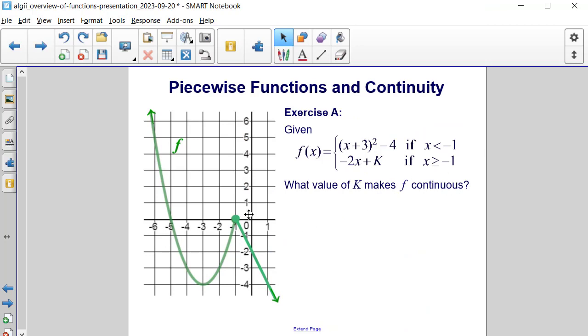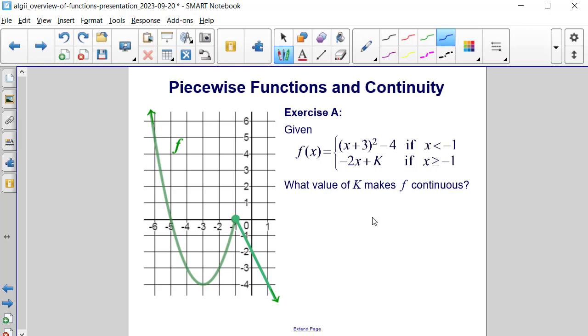We found out graphically that the k value that makes our function f continuous is -2. But how do we go about this algebraically? We actually do this by setting these 2 pieces equal to one another, because their outputs will end up being equivalent at x equals -1 in order for it to be continuous.